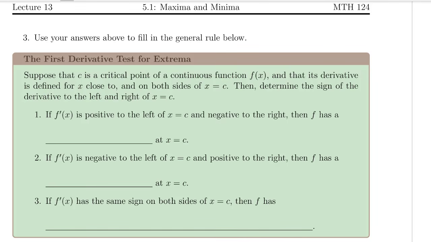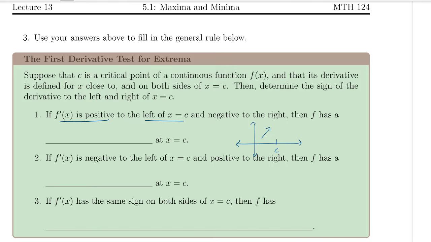The first possibility is that the derivative is positive to the left of the critical point and negative to the right. You can imagine this critical point hanging out on the x-axis, x equals c, and we don't really know where it is, but just to sketch a picture, the derivative being positive to the left of this critical point would mean that the function is increasing. If you drew a tangent line, its slope would be positive.